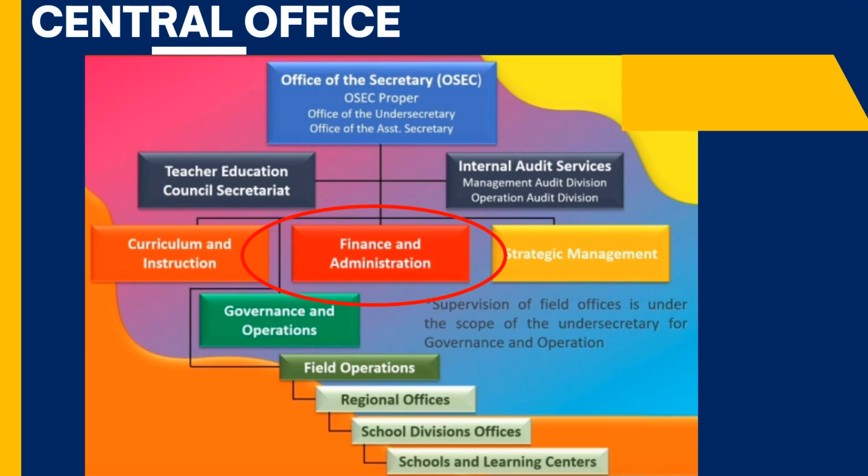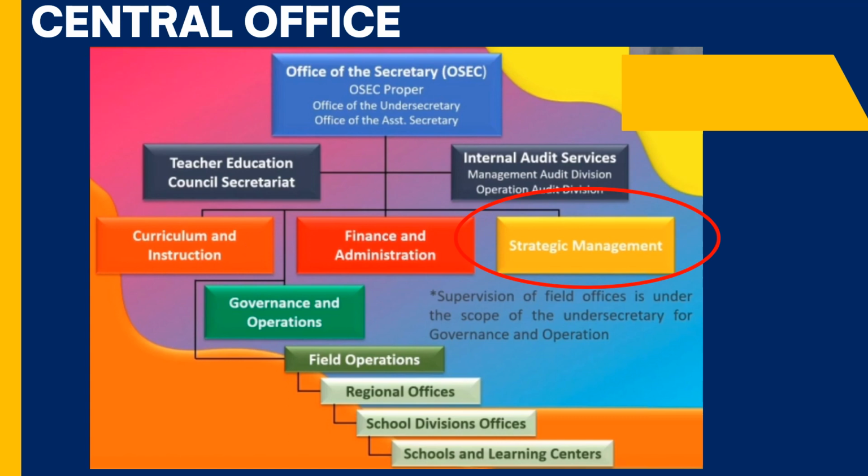So let's have the finance and administration. This strand ensures the efficiency to support the organization as a whole to focus on its core business and thus attain its targets through the provision of finance and administrative services. For the strategic management, this strand enables the organization to focus on long-term directions and interface with the internal and external environment and stakeholders.